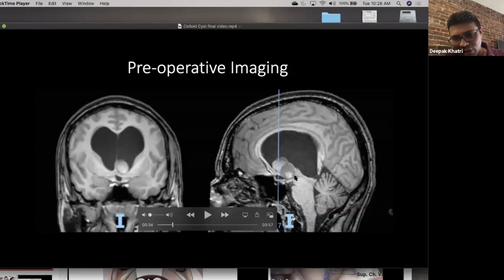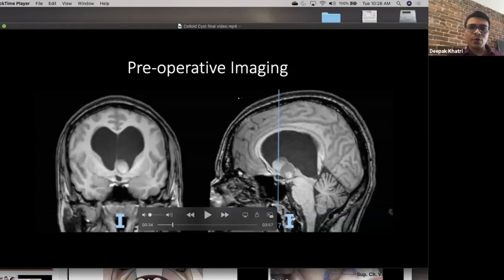And you are not able to appreciate the third ventricle. Another important thing I want you to notice is the fourth ventricle. Remember, we discussed this. It shows that the fourth ventricle is not enlarged. We know about the pathology, that there is a tumor at the foramen of Monroe. We know about the location. So it is an obstructive type of hydrocephalus.